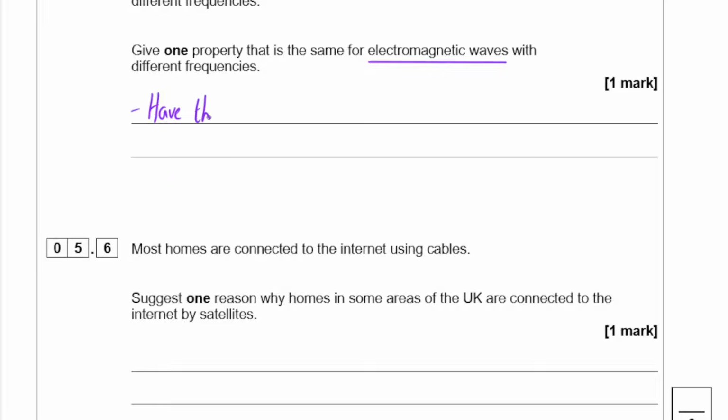That should give you a mark, but if you want to know what that speed is, that's the speed of light, which is 3 times 10 to the power 8 meters per second.